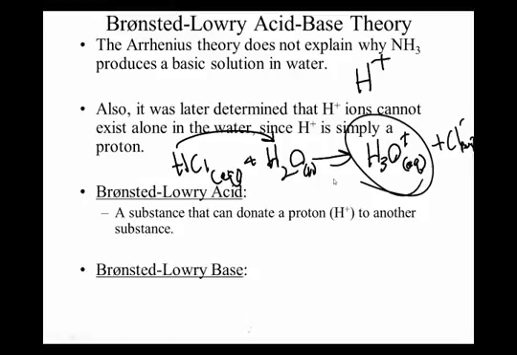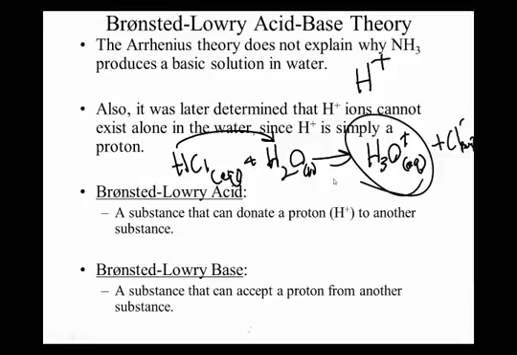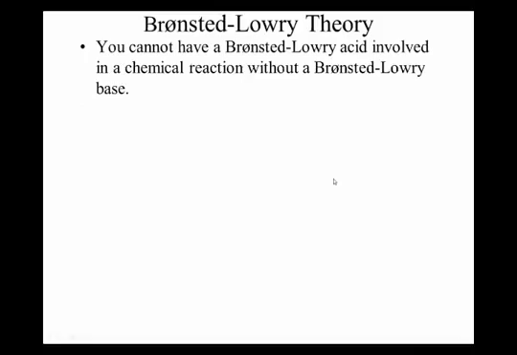Okay, Bronsted-Lowry base, on the converse, and this is going to seem an awful lot like oxidation reduction. Oxidation reduction involves a transfer of electrons. Well, the Bronsted-Lowry acid-base definition involves the transfer of protons. So a Bronsted-Lowry base is a substance that can accept a proton from another substance. First off, you cannot have a Bronsted-Lowry acid without a base, just like you can't have oxidation without reduction.